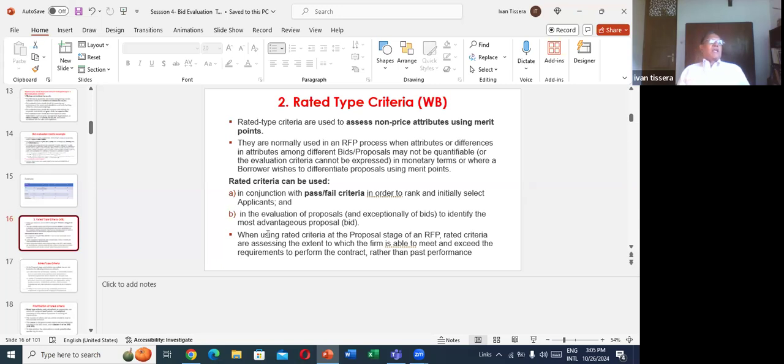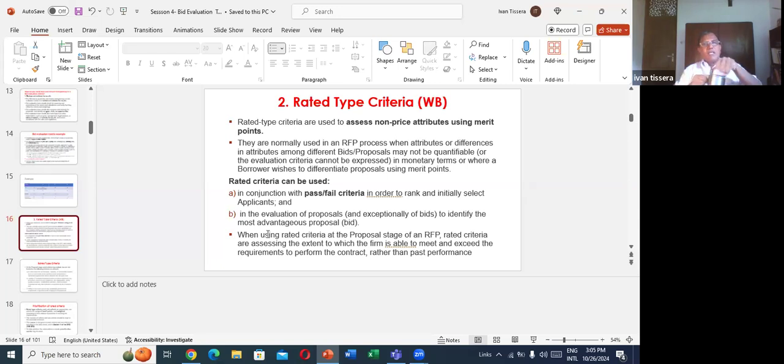I said I will explain later on, right? That is the same thing I have put here. That means for value for money, they use rated type criteria to evaluate various factors. That is a tool again. So even under methods, we are using tools. Now we have identifying the tools as a separate presentation.